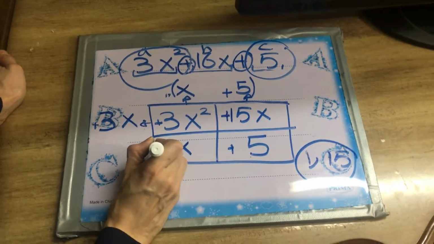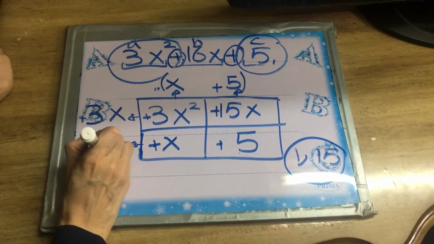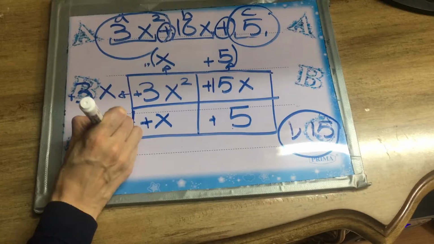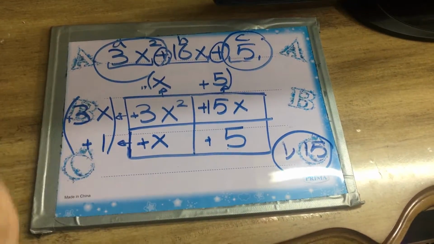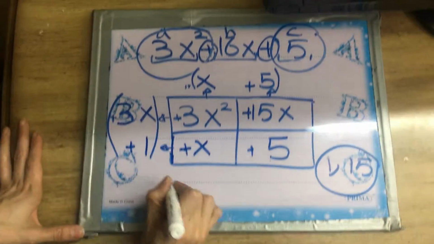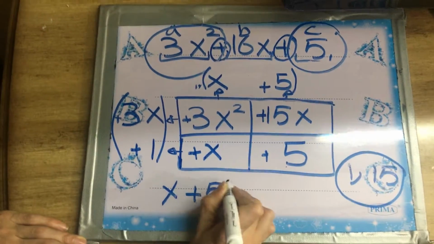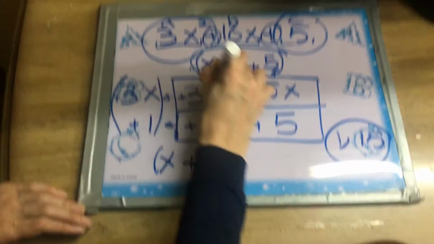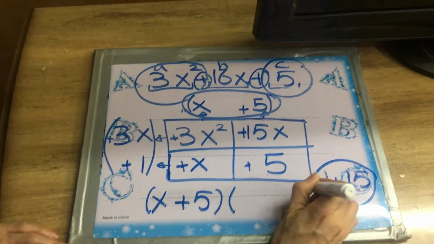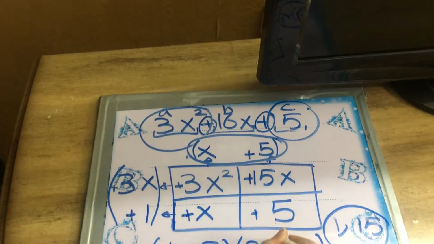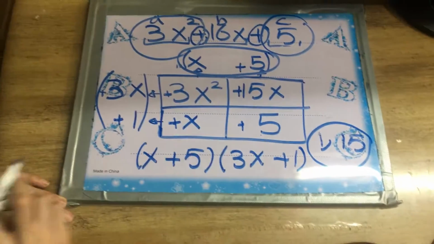What's the sign here that is touching this line? It's positive, so plus 1. And this is our second factor. Now let's write them down. So we actually have x plus 5, which is up. And the second factor is 3x plus 1.